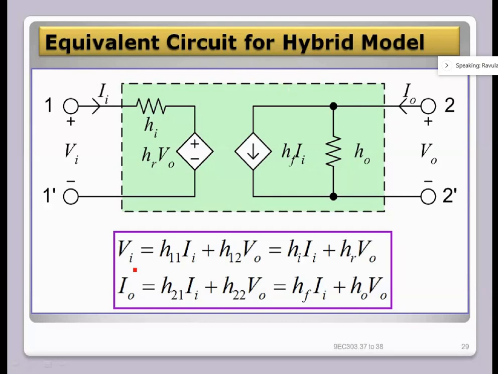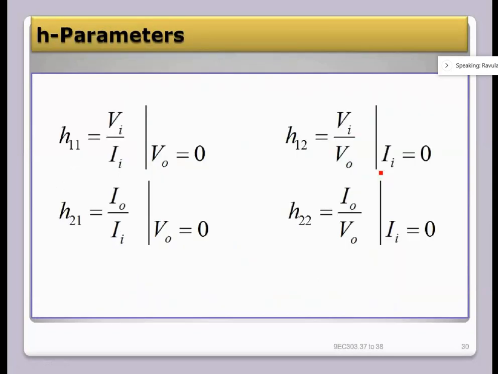Here we can now rewrite the equation again with the hybrid parameters Hi, Hr, Hf and H0. How are we going to rewrite this equation? Let us see. Here H11 equals Vi by Ii, by substituting V0 equals 0. How can we get this?